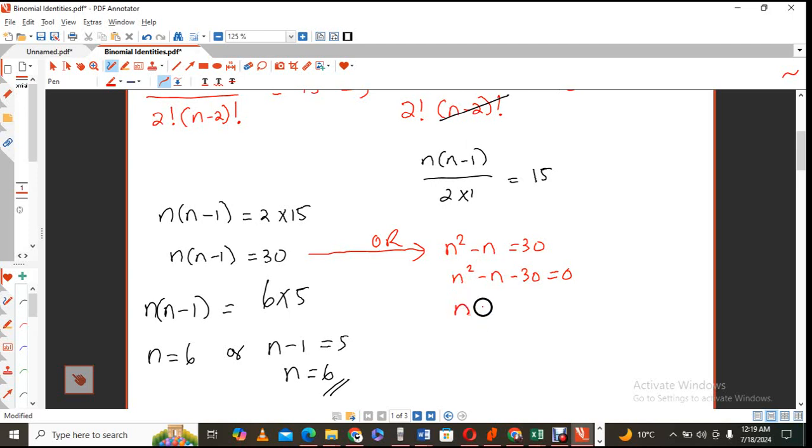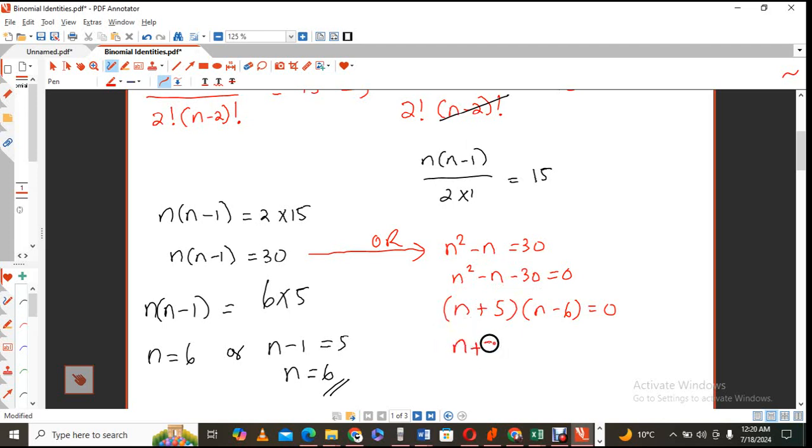Of course, one bracket will have a positive and one will have a negative because of that negative constant. The numbers are 5 times 6, which gives you 30, and then you have negative 6 as well as positive 5. If you factorize this quadratic, it should be quite simple and straightforward whenever you are doing this course.